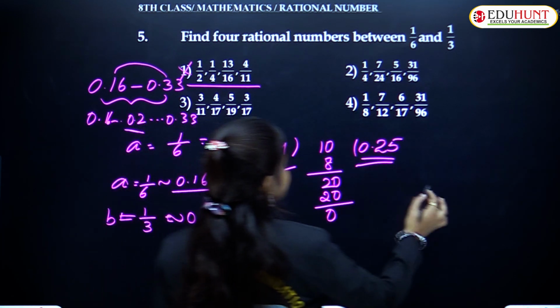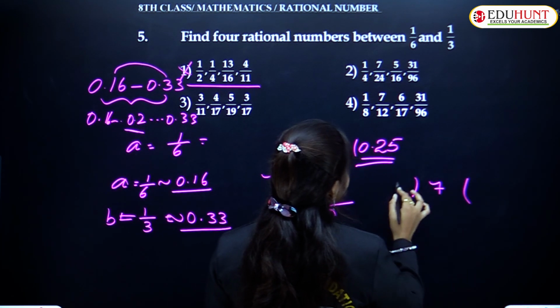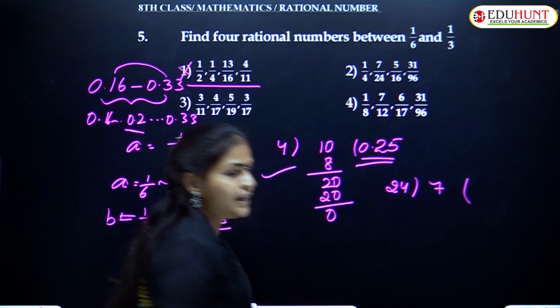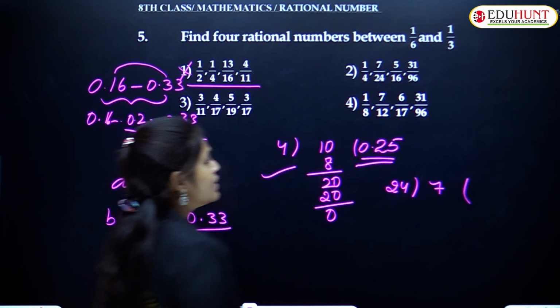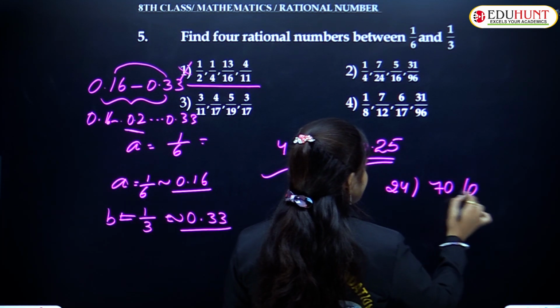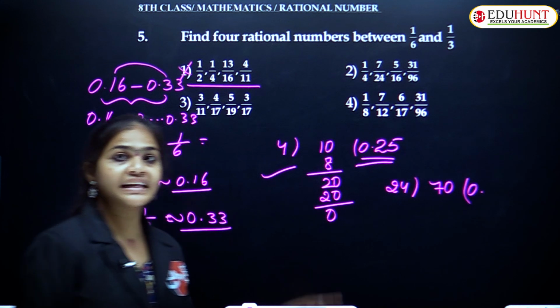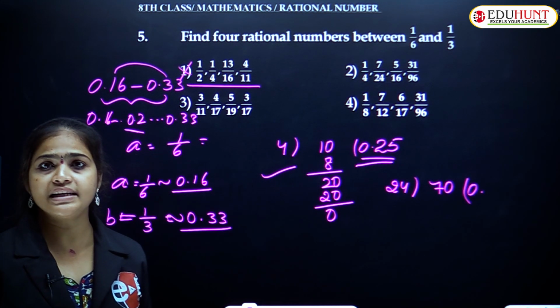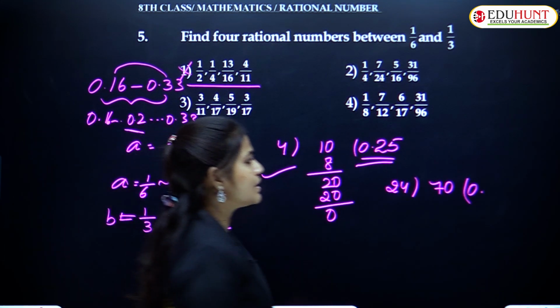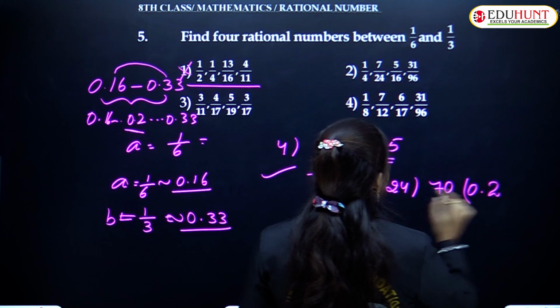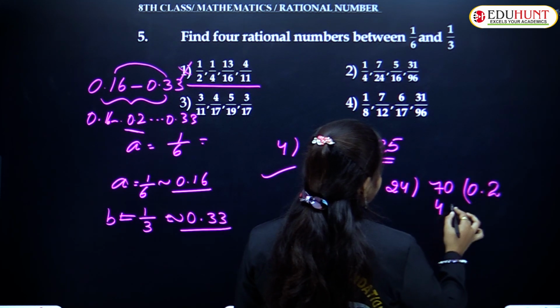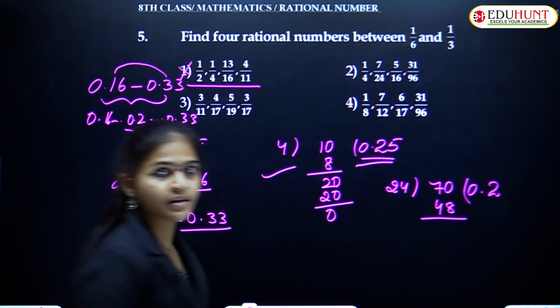So the leftover number 7 divided by 24. 7 divided by 24. Okay. So keep that 0 here and here also 0 point. 24 3s are 72, we know that. So that is more, that's why here 24 2s are 48.